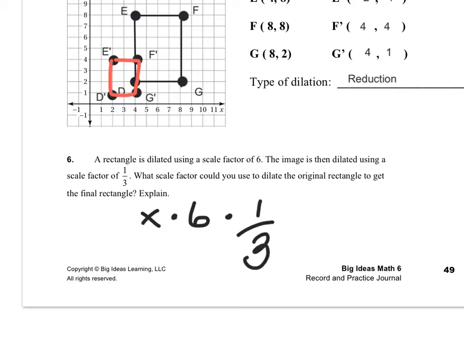Essentially, x is being multiplied by 6 times 1 divided by 3. Well, 6 times 1 is 6, divided by 3. It's being multiplied by 2. So we can just say that we can take the original figure's vertices, the x and the y, and multiply it by a scale factor of 2 to get the final image.